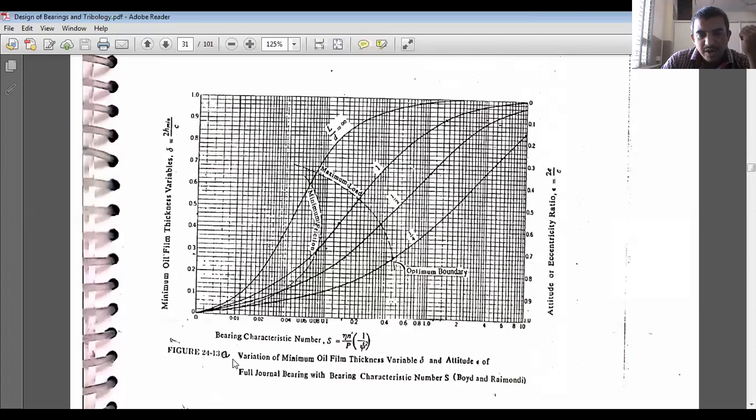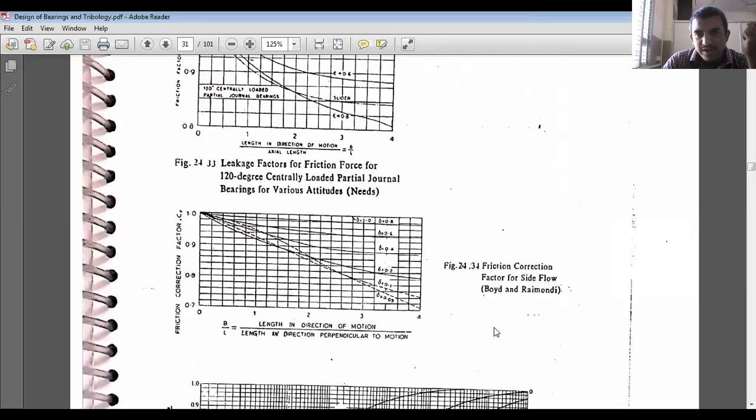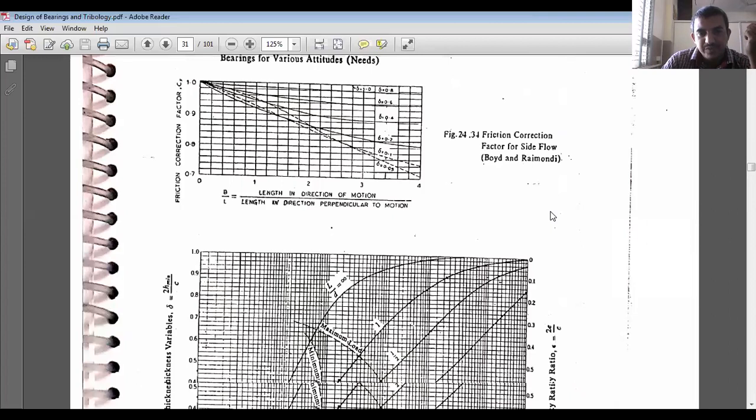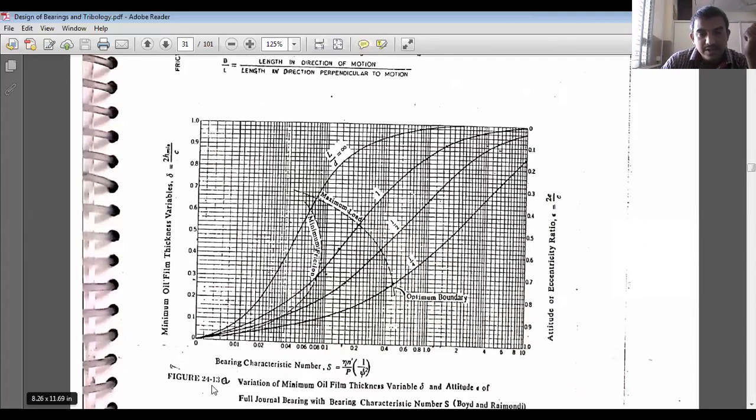Figure 24.13a, page number 24.32. See that in the figure 24.13a, the variation of minimum oil film thickness, that is delta, and its attitude epsilon for the full journal bearing with the bearing characteristic number S. Now, if you want to calculate delta, then the x-axis is the bearing characteristic number S. S you can determine. S is equal to eta times n prime by p times 1 over xi squared.